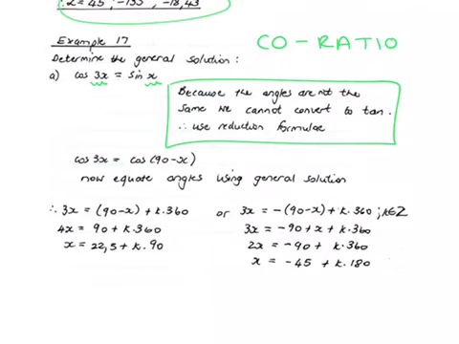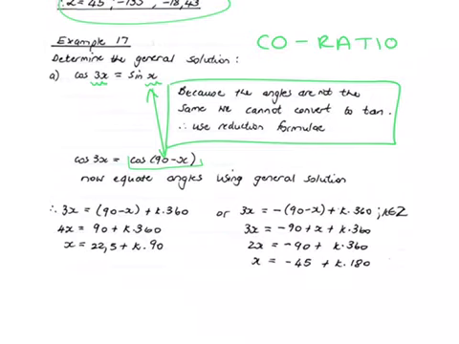Now, I prefer to, like in this example here, change the right-hand side. So I'm changing a sine to a cos 90 minus, because remember, they are co-ratios. So they have a relationship between 90 degrees. So if you added up these two, x and 90 minus x, you get an answer of 90. So then now you have cos angle equals cos angle.